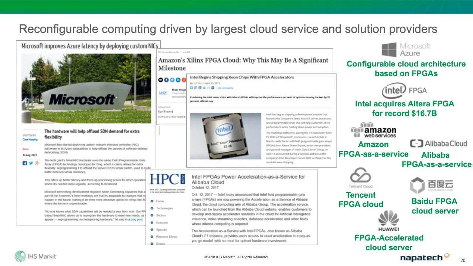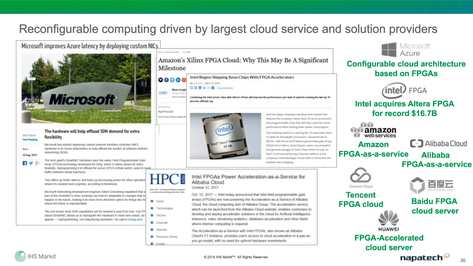But we've also seen Amazon Web Services, Alibaba, Tencent, Baidu, and Huawei introducing FPGA-based solutions, FPGA as a service, cloud server platforms for this space. So there's no doubt that these guys are the ones who are leading the pack when it comes to adoption of reconfigurable computing.